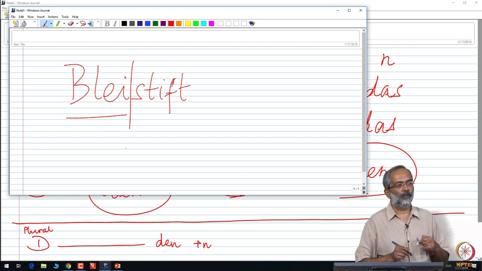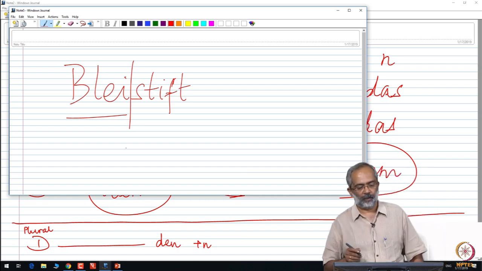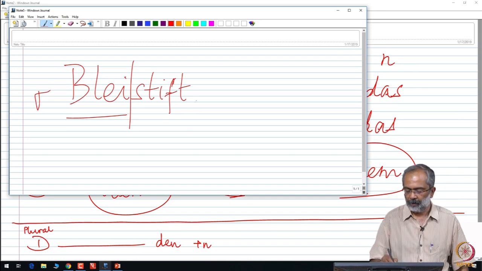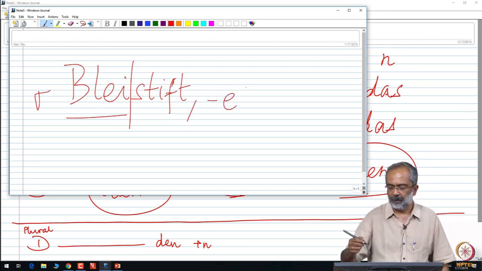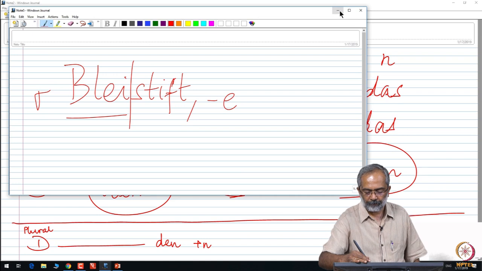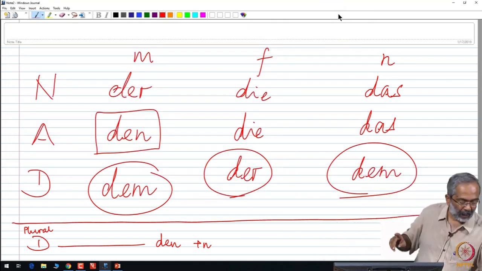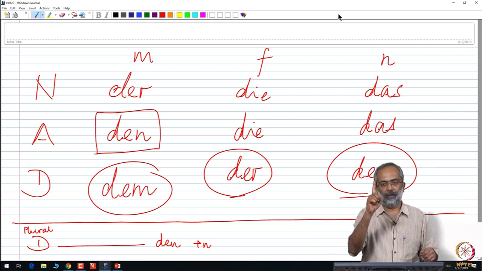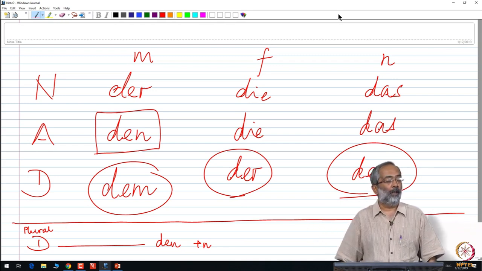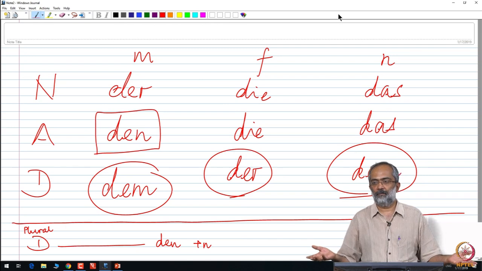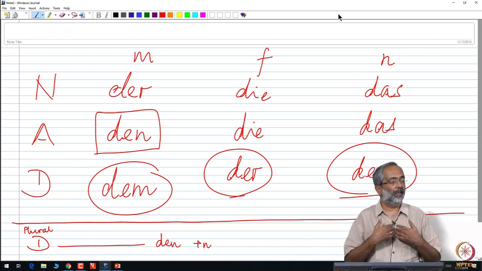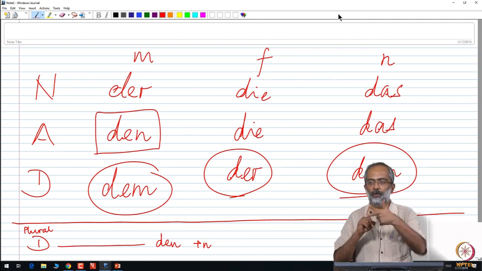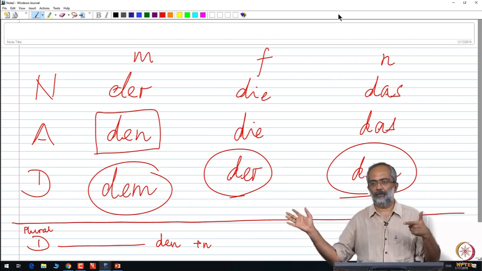So, Bleistift is of course a pencil. It is der Bleistift, die Bleistifte. Ich habe keinen Stift, ich habe keinen Bleistift, singular. I have no friends: ich habe keine Freunde. I can use keine for one, I can use keine for several.